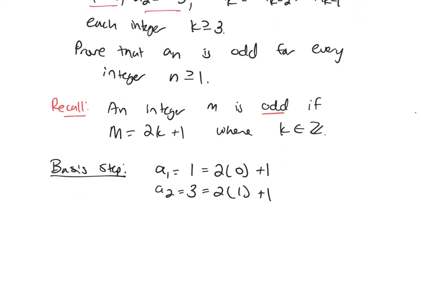So A1 and A2 are both odd, so the statement we're trying to prove, P1 and P2, is true. That completes our basis step.